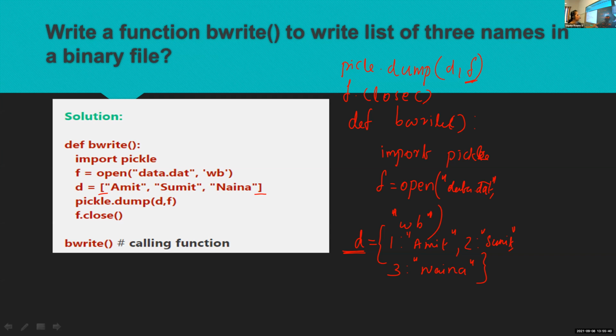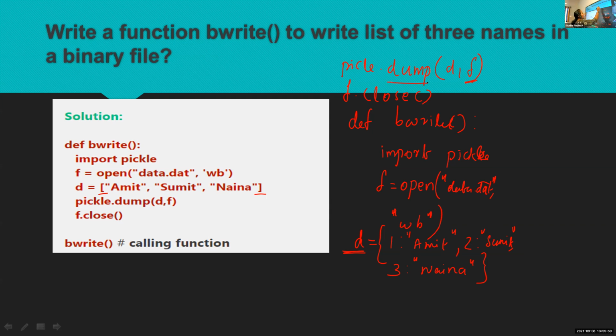So here D is equal to, within flower brackets, 1 Amit, 2 Sumit and 3 Naina. After creating the dictionary, you copy the content into the binary file, that is D, F. For writing the content into a binary file, we use the built-in function dump.